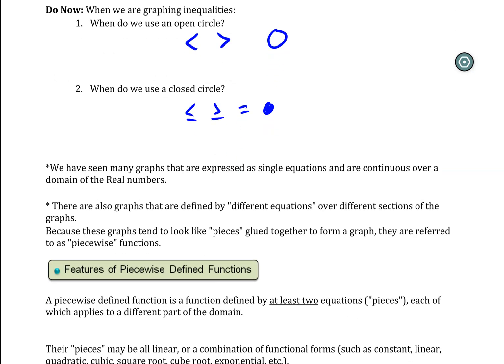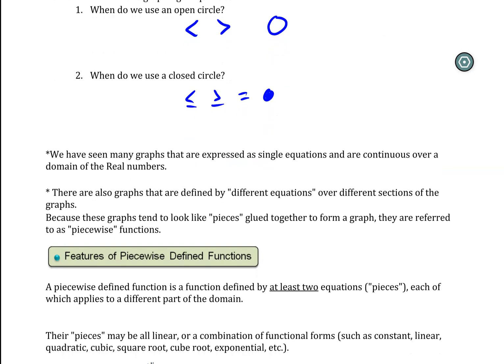So in the past, we've dealt with graphing these single equations over a continuous domain, and that's fine. That's what we've been doing all year long. Now what's happening is you're going to see different equations over different sections of the graph.